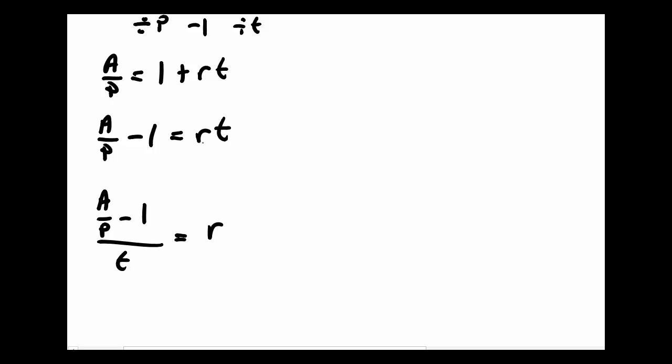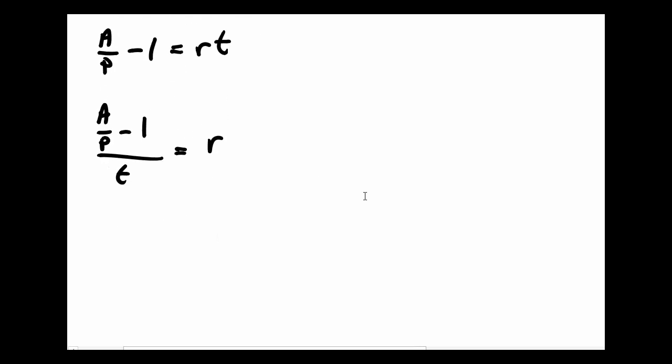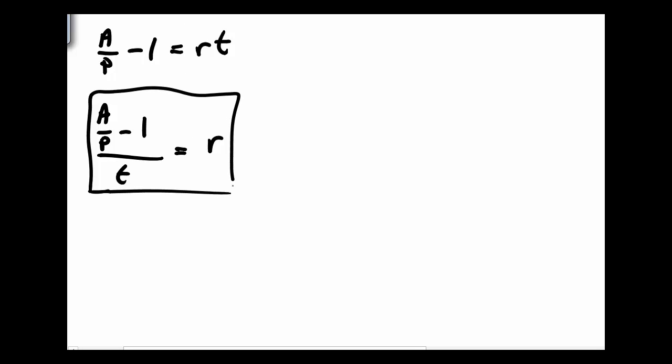Sometimes you'll see things like "write it in the simplest form." And I do see some fraction rules that I can apply that will give me a slightly more attractive looking answer. So I'm going to do that. But again, I'm going to go ahead and circle this. If our goal is to solve for r, that's it. That's fine.